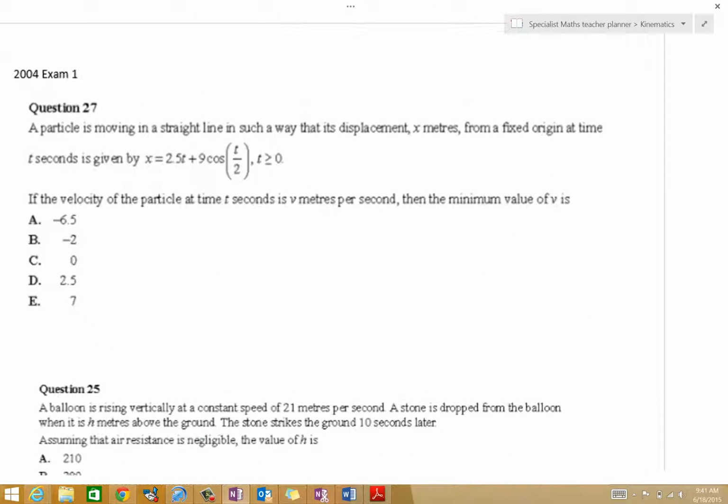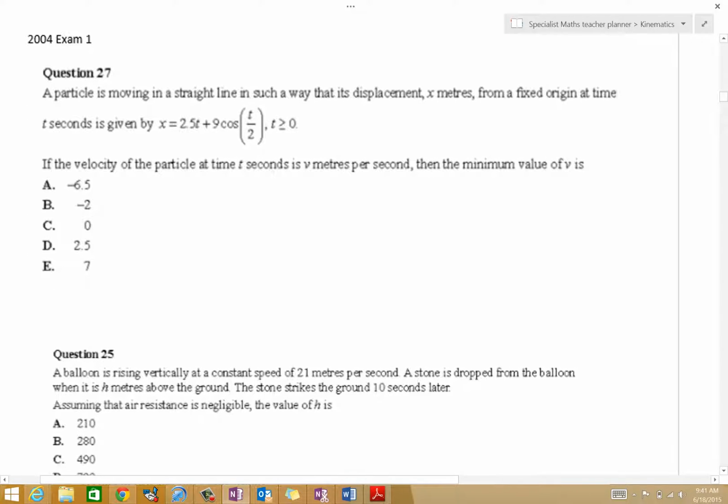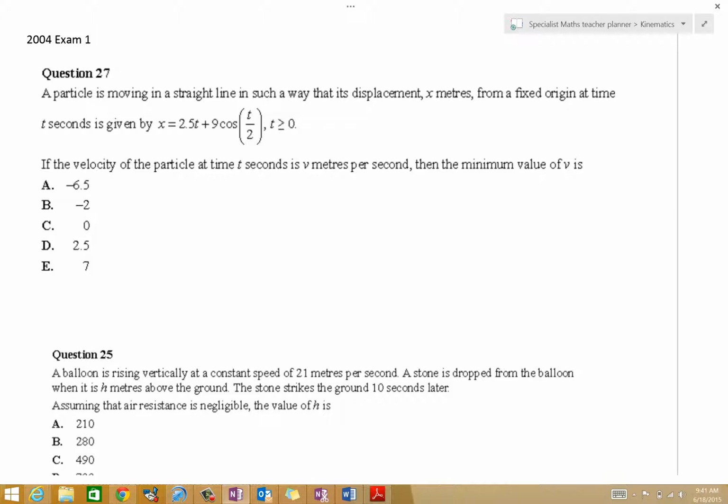Aha! Now this is the sort of stuff that is the start of chapter 10. Now I'm going to get you to have a look at this, and we're basically looking at x as a function of t. In other words, think of position as x, but when we think position, you cannot think distance. It is displacement, isn't it?